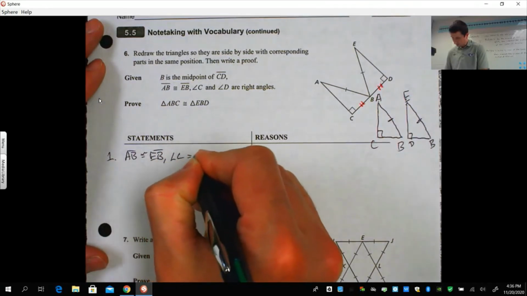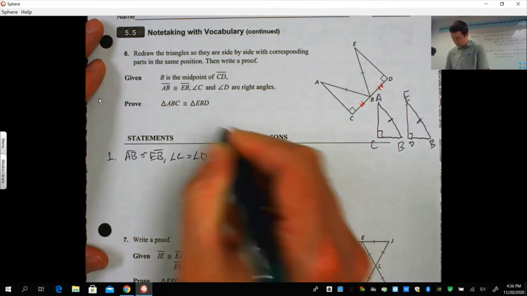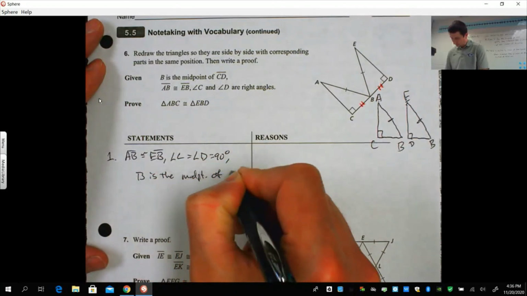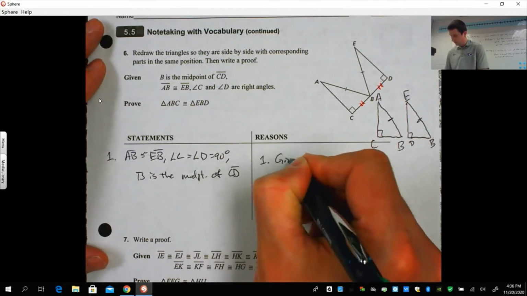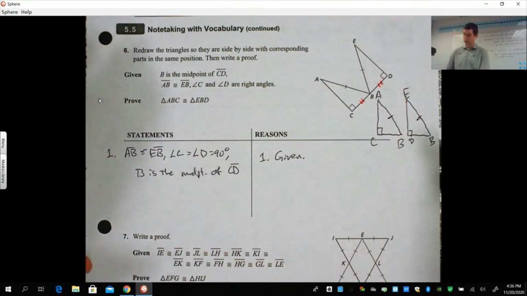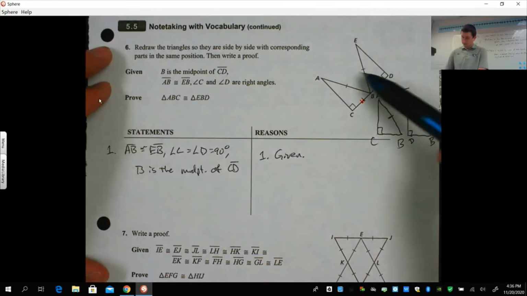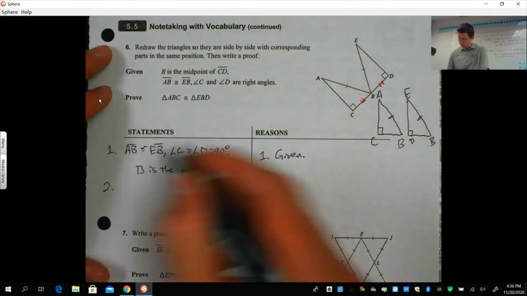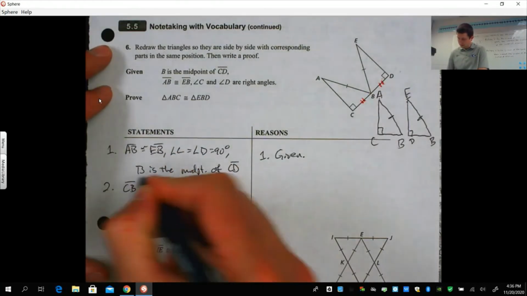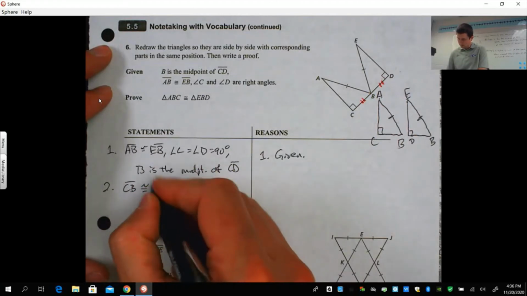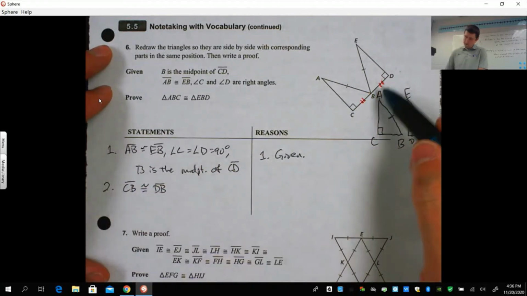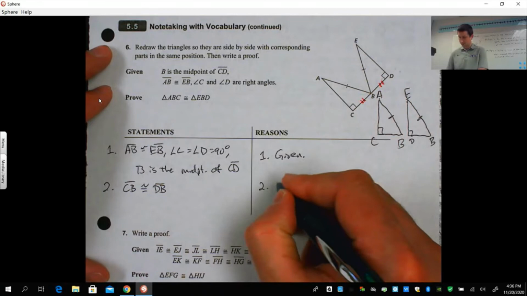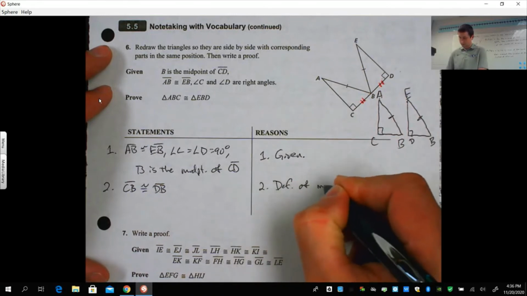Angle C equals angle D, which equals 90 degrees. And B is the midpoint of CD. Those can sometimes be broken into three steps, but we're going to put them all in one right now. The piece of information we know from that is that this side can be our second step: segment CB is congruent to segment DB. Because if that's the midpoint, then those two sides are congruent. And since that was the midpoint, I'm just going to say definition of midpoint.